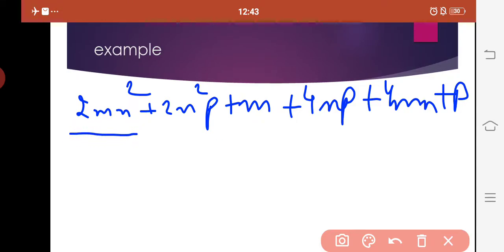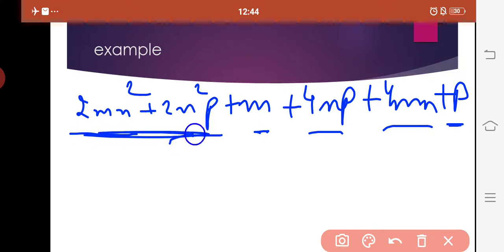This is 2mn square, this is 2n square p, and this is m, this is 4np, this is 4mn, and this is p. Here n is common, and one more term with n. Here we are left with m. Here we are left with n. This is 4mn. So if we are making 3 groups, that's not possible. So let us take 2 groups.